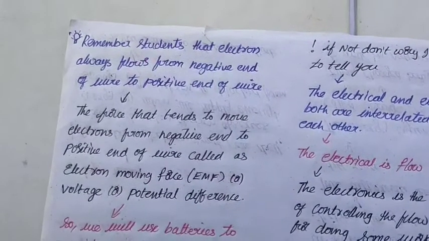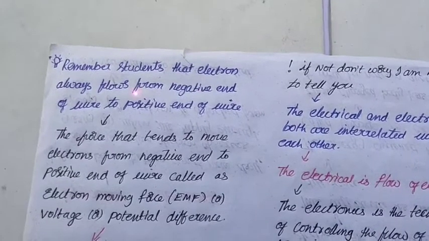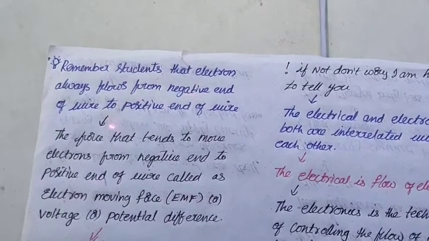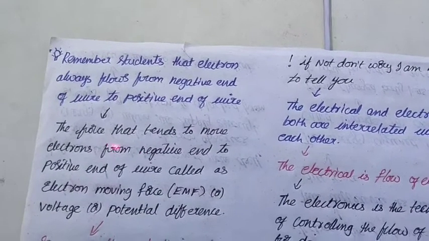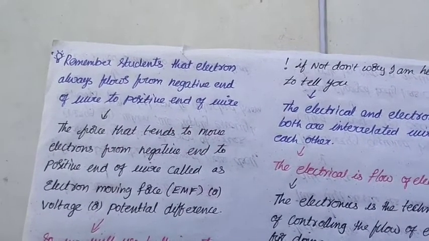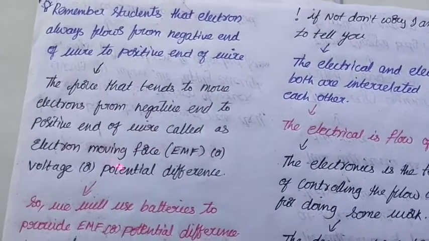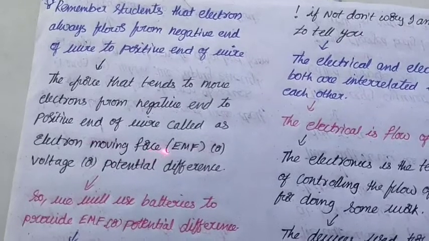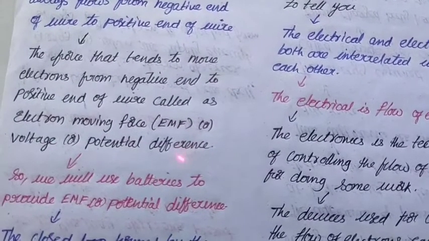One thing you have to remember is that electrons always flow from the negative end to the positive end of a wire. The force that tends to move electrons from the negative end to the positive end of the wire is called electron moving force, that is EMF, or the voltage, or the potential difference.